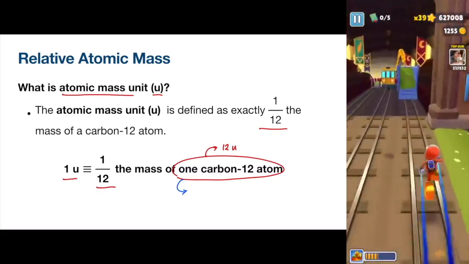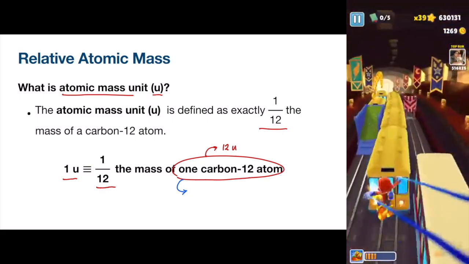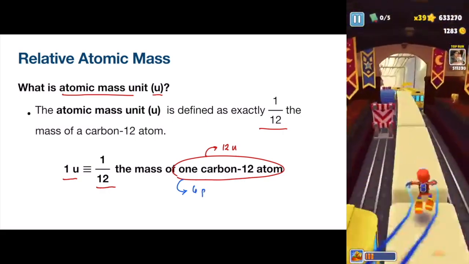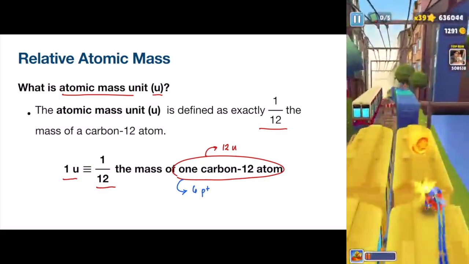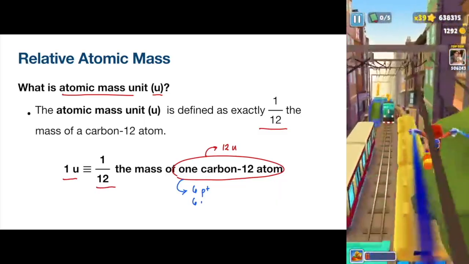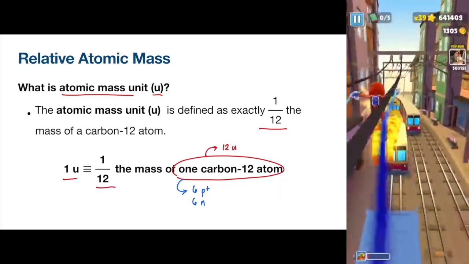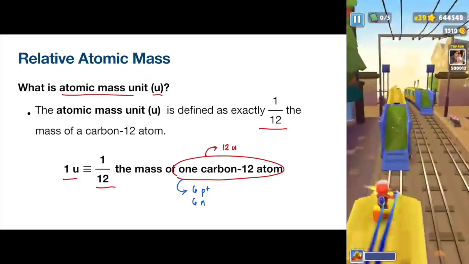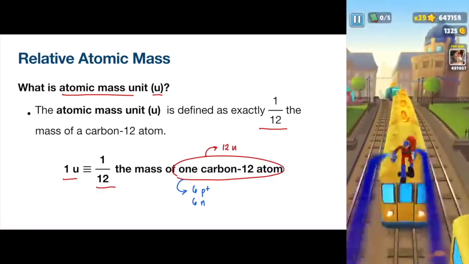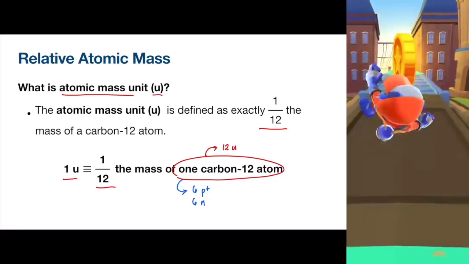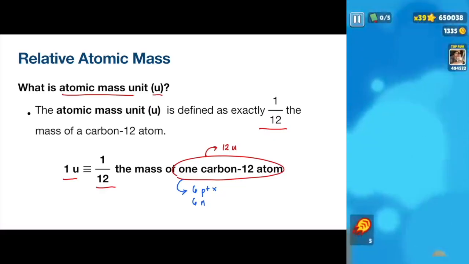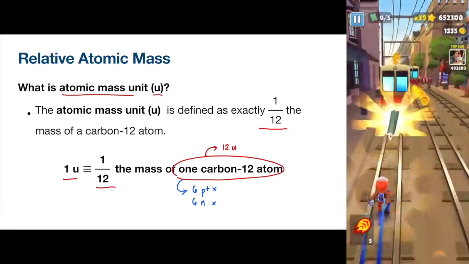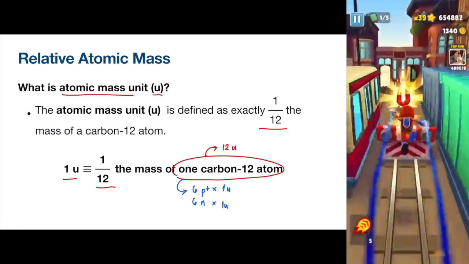Because in one carbon-12 atom, we know that it contains 6 protons, the positively charged particle, and 6 neutrons, the neutrally charged particle. And we know that the protons and neutrons have nearly the same mass. The mass of each proton and neutron is close to 1 unit.